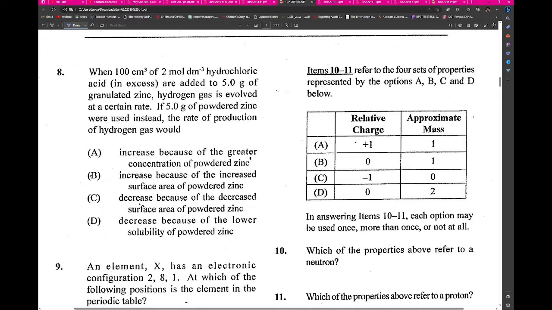When 100 cm cubed of 2 mole per dm cubed hydrochloric acid in excess is added to 5 grams of granulated zinc, hydrogen gas is evolved at a certain rate. If 5 grams of powdered zinc were used, the rate of production of hydrogen gas would increase because of the increased surface area.